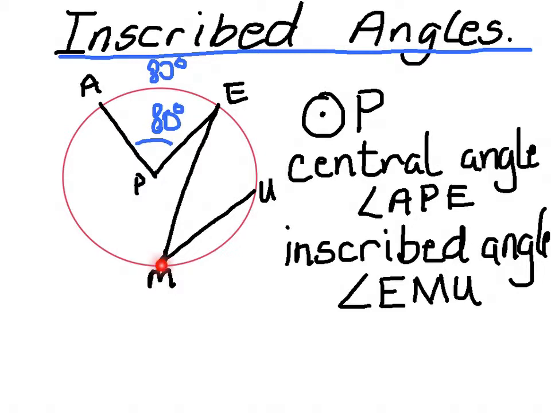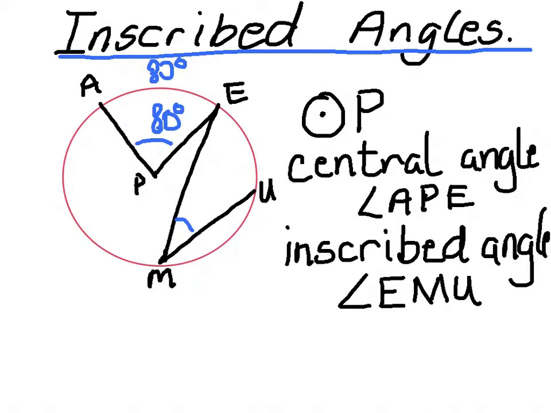So M is on the circle, and then the other 2 points we use to label it are also on the circle. Of course, the angle goes forever. The sides of the angle go forever in these directions. But the inscribed angle we're looking at is a part inside the circle, and it is the angle right here.